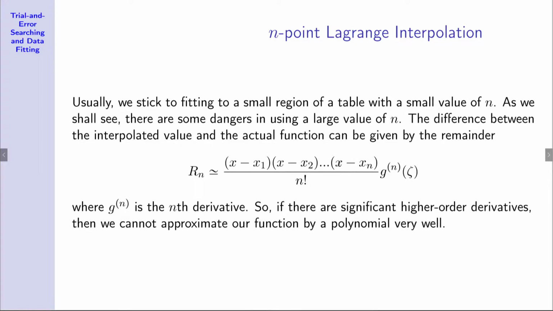You would be able to see that if you go too high in n, you would actually end up with larger errors, larger remainders, by going to higher and higher n. That arises because, as we can see here, if there are significant higher order derivatives, then our function might not be approximated as a polynomial very well.